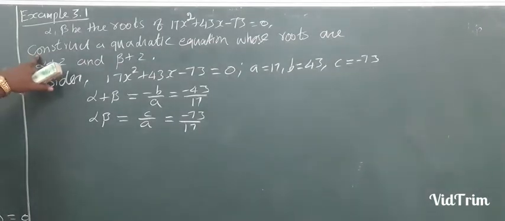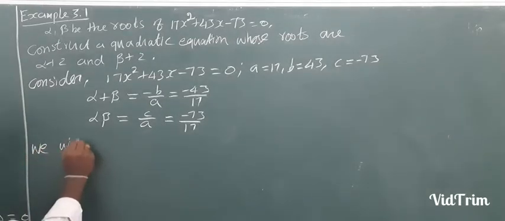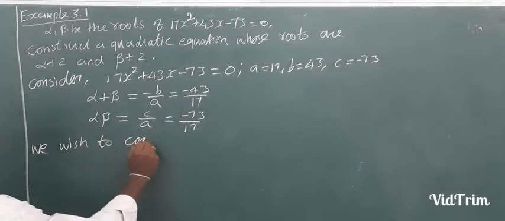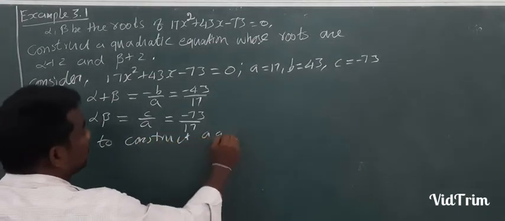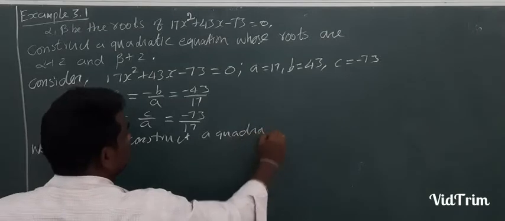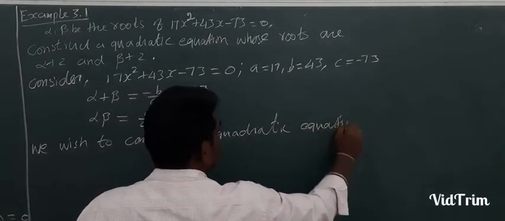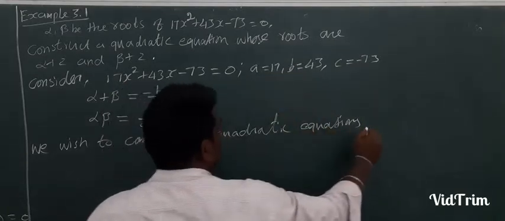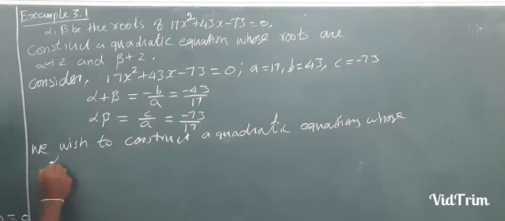Next we wish to construct a quadratic equation whose roots are alpha plus 2 and beta plus 2.